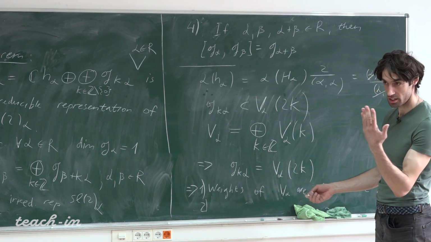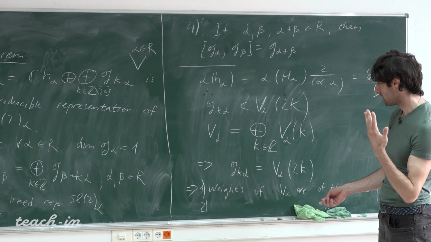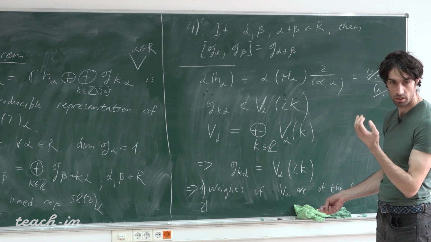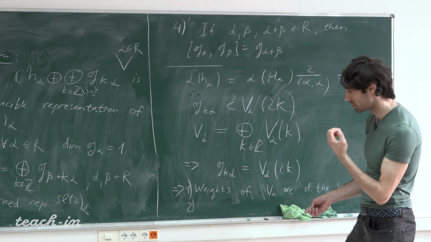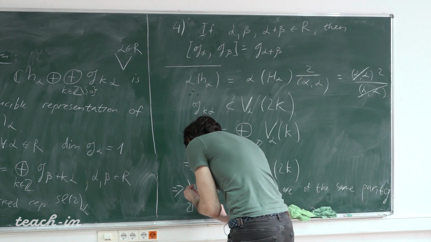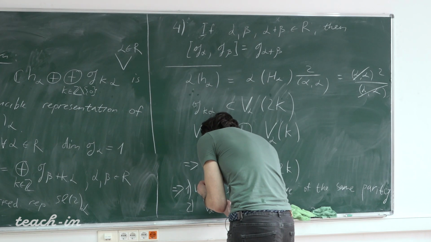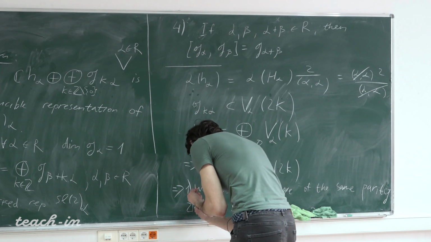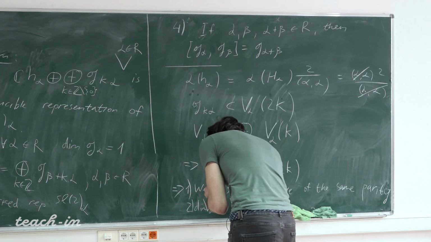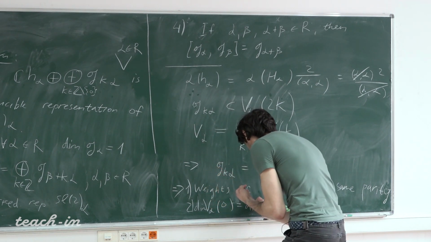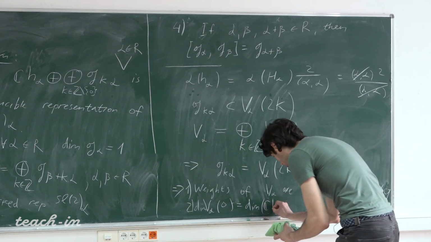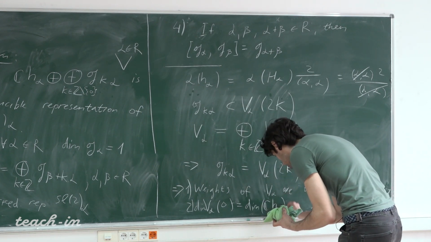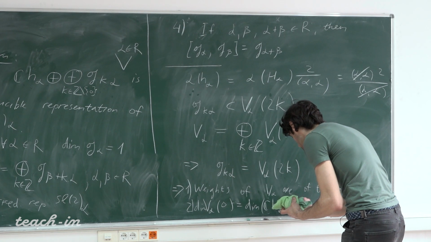And the second observation is that the weight subspace of weight 0 is one-dimensional. V alpha of 0, so the dimension of this is the same as the dimension of C, the span of just a single element H alpha. And this is just 1, of course.